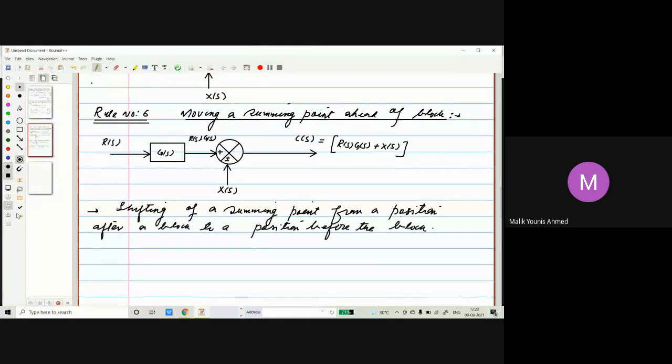So this is our objective. We have to move it like this, as shown in the figure.